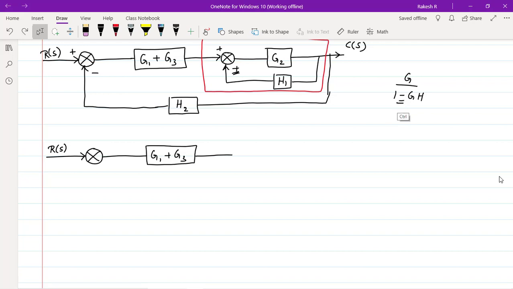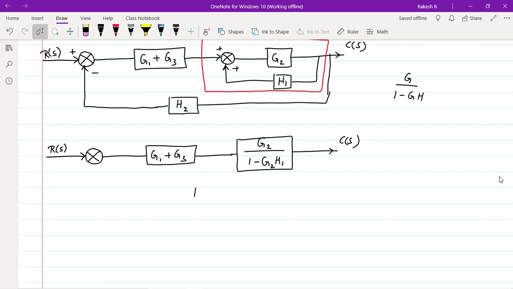Right. When we have the negative feedback, in the denominator the sign will be positive. So instead of G, we have G2 here. G2 divided by 1 minus G2 H1. This is the simple feedback loop. And the output we have is C of S.